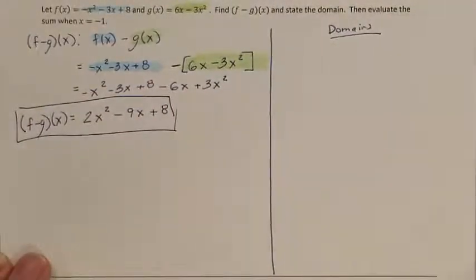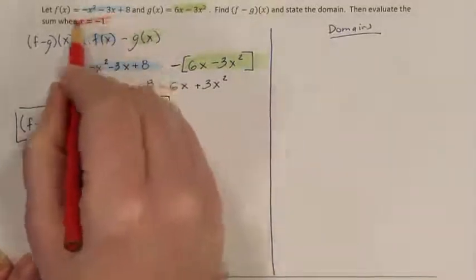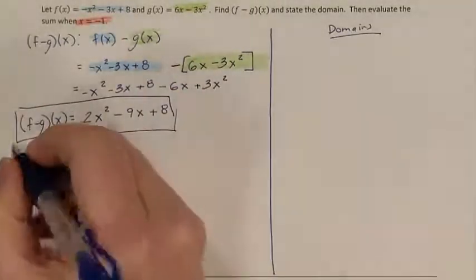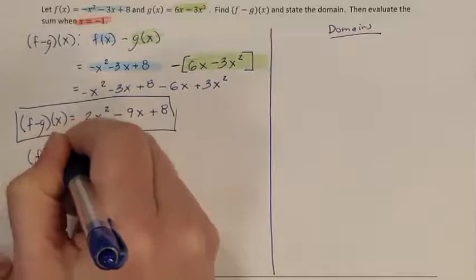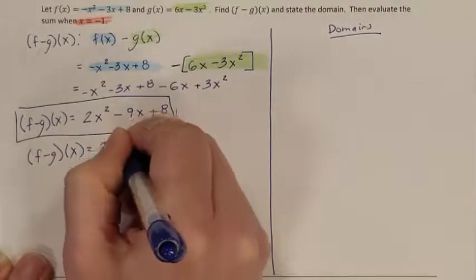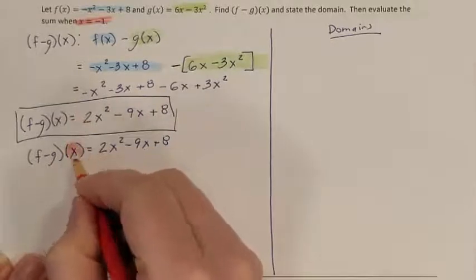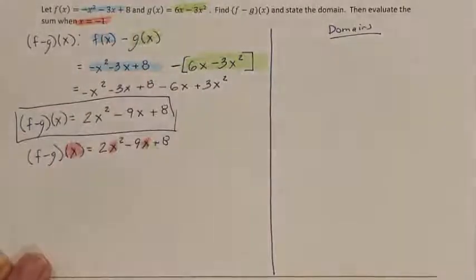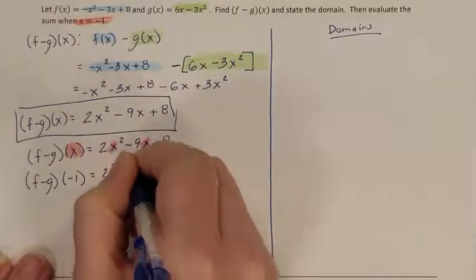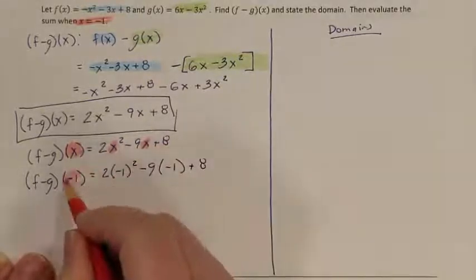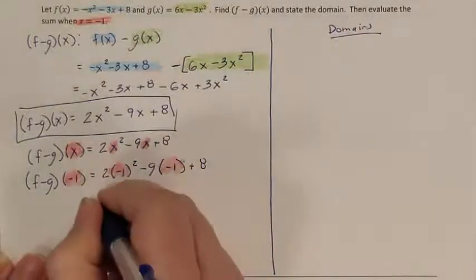Well, now we're being asked to evaluate it when x was negative 1. So I have my f minus g of x rule, and I am supposed to evaluate all of these x's being the number negative 1. So let's go ahead and evaluate.